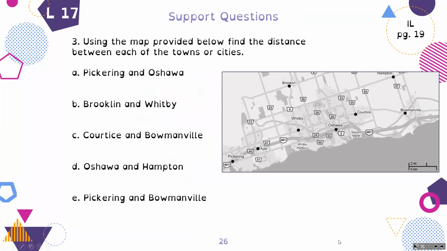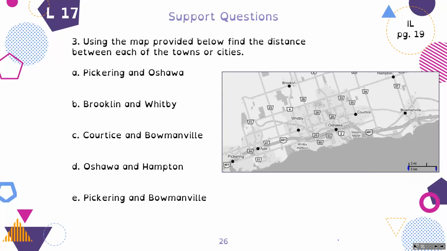All right, number 3 on page 19, it says, using the map provided below, find the distance between each of the towns or cities. So here you need to measure the scale. This is the scale where it says this distance from here to here is equivalent to 2 miles. We live in Canada, so we generally talk about kilometers. So this distance from here to here is equivalent to 5 kilometers.